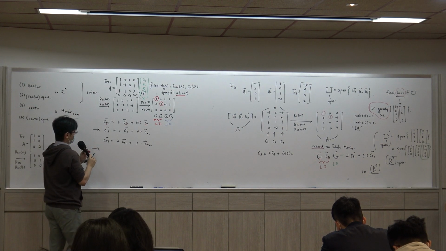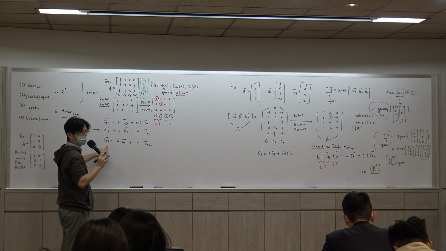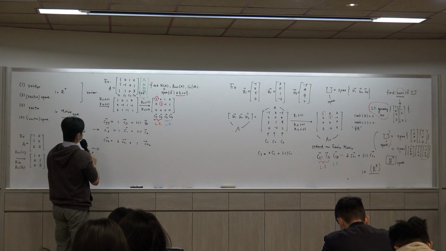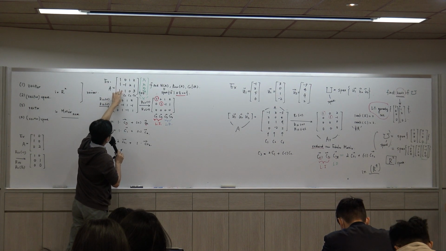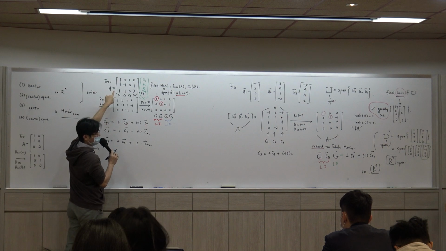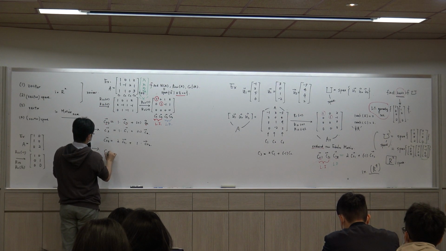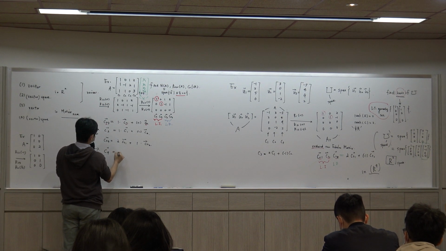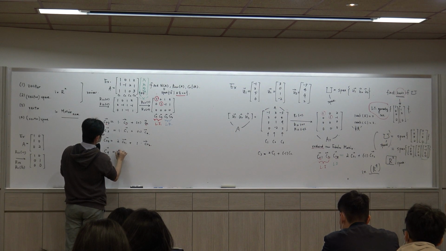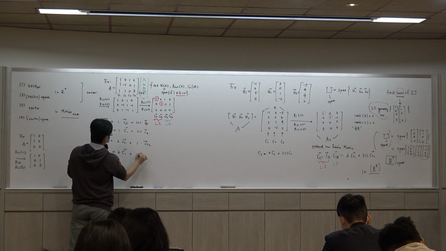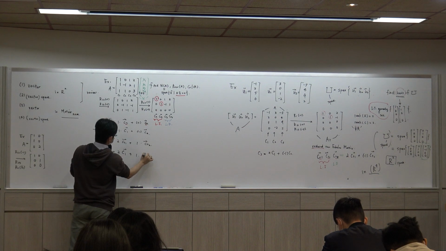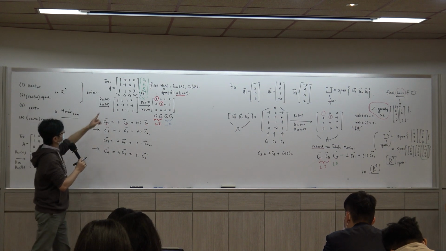So the relationship is exactly the same as the relationship in the original matrix. So C4 should equal 2C1 plus 1C2.